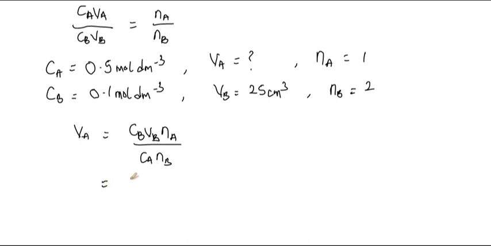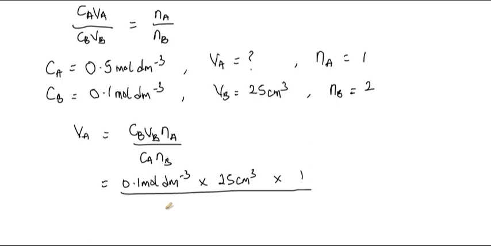Let's substitute the values. We have Cb to be 0.1 mol per dm³ multiplied by Vb, which is 25 cm³, multiplied by Na, which is 1, divided by Ca, which is given to be 0.5 mol per dm³, and Nb, which is 2.